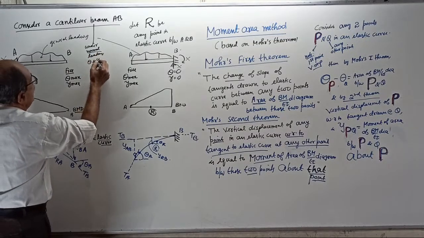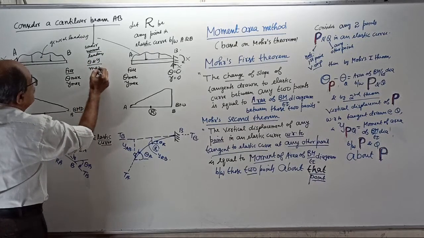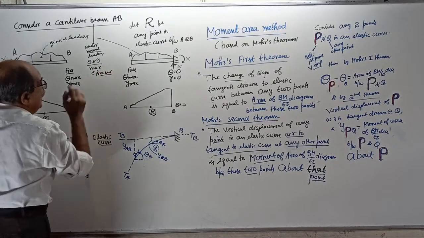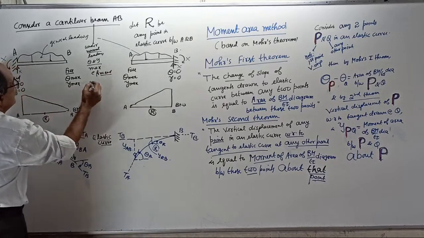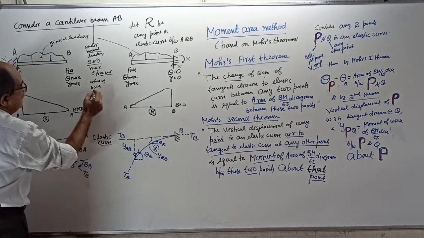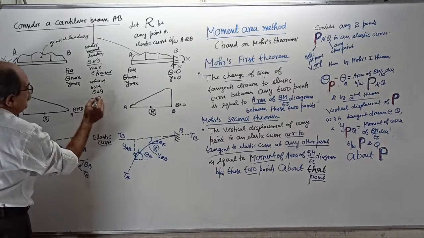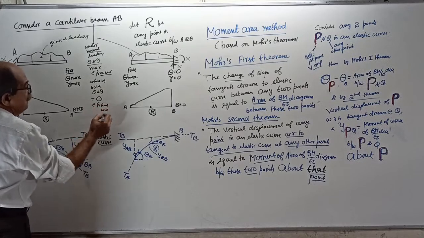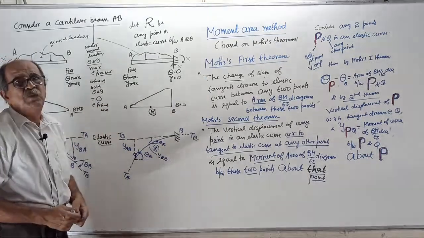In the normal loading case, theta and y both are maximum at the free end. Don't change your mind, at the free end. Whereas both theta and y equal 0 at the fixed end. Why? Because a fixed end can never rotate nor move.